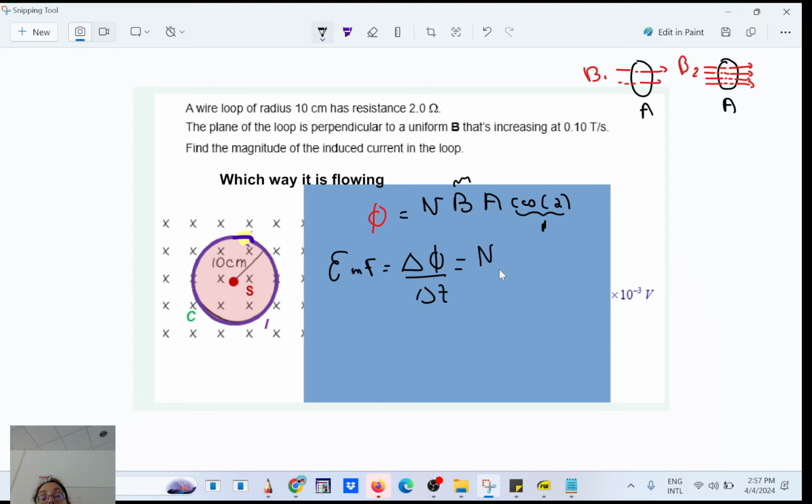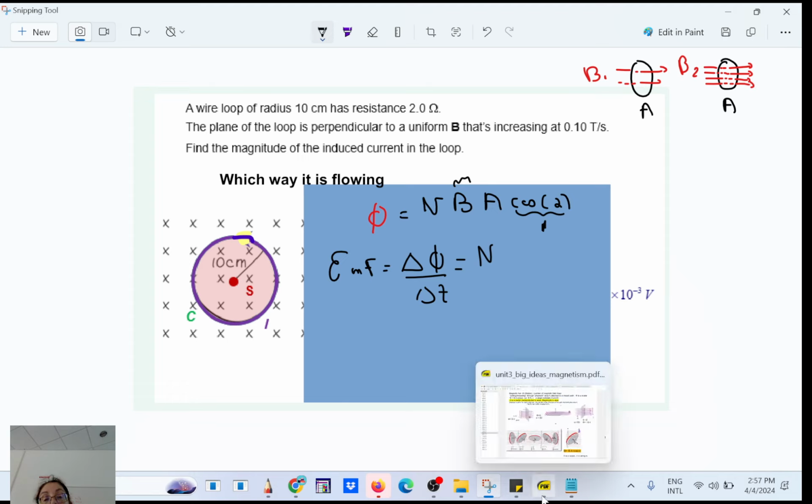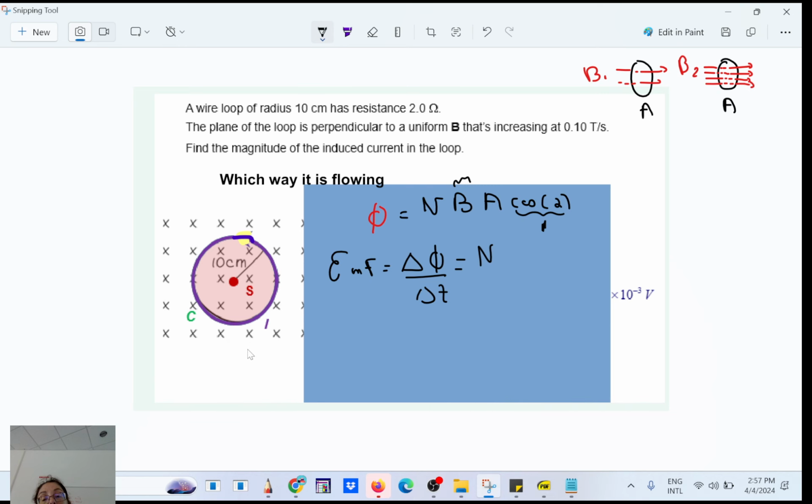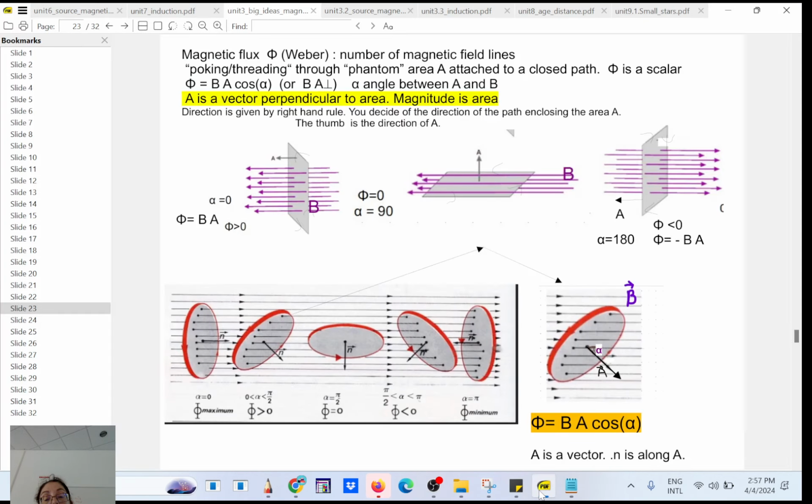For part A, why does it say perpendicular, and does that always mean 90? No, no. The magnetic field is perpendicular to the plane, but that's not what we use in the equation. In the equation, we use the angle between the magnetic field and the vector perpendicular to the plane.